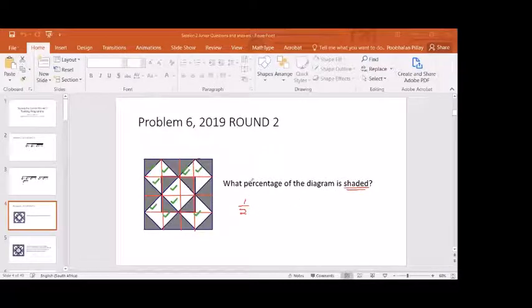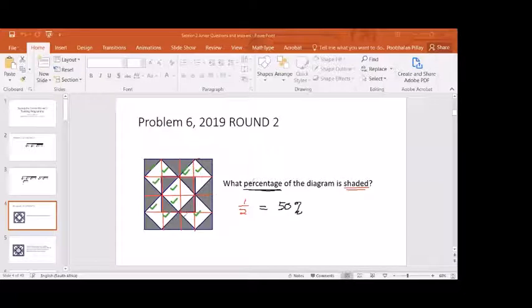But the question is, what percentage of the diagram is shaded? We can say half of the diagram, but a half as a percentage represents 50%. So it's very important to answer the question. See, you might have said half or a quarter or whatever, but you must answer the question.